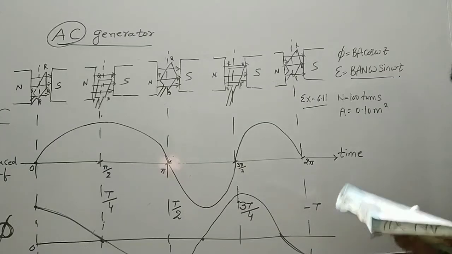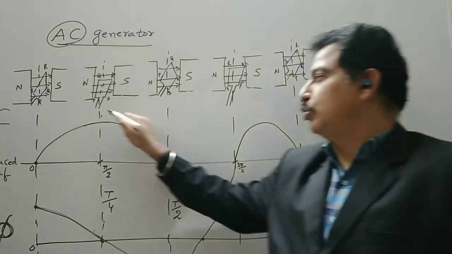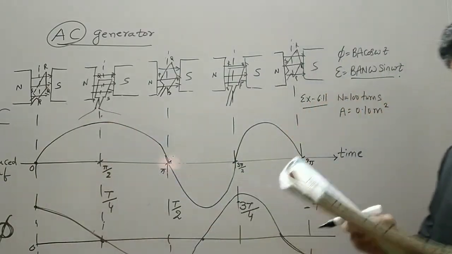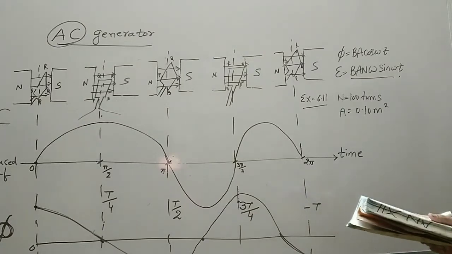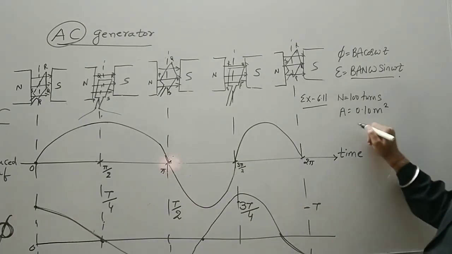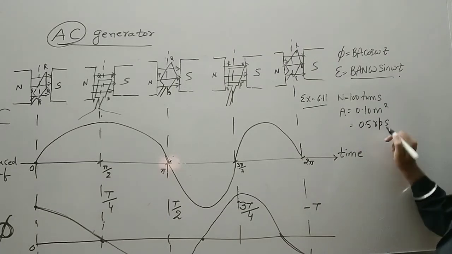So these two outputs are connected to the bicycle pedals. The coil rotates half a revolution per second, that is RPS.